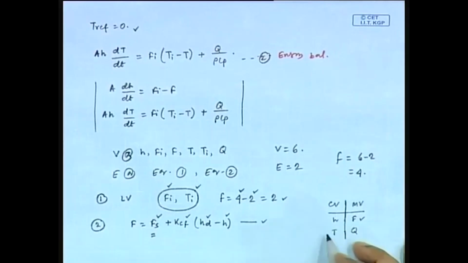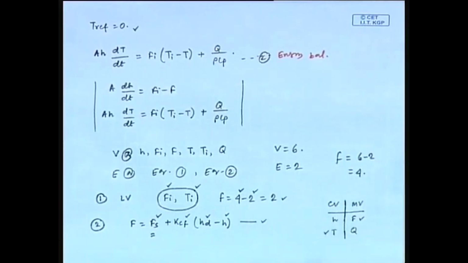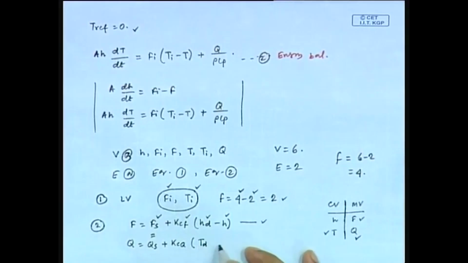Similarly, if we consider another control scheme for temperature, in which Q is the manipulated variable, we can add another equation, Q equals Qs plus Kcq (Td minus T).